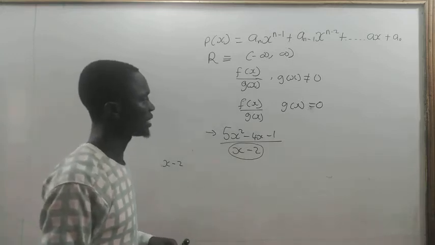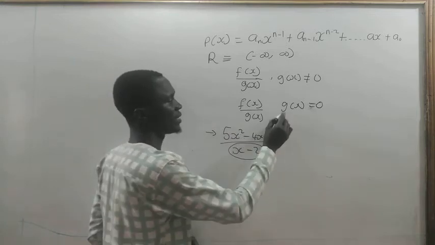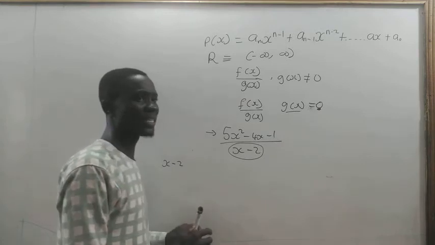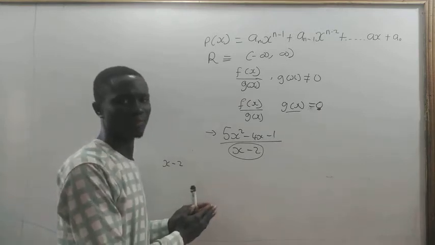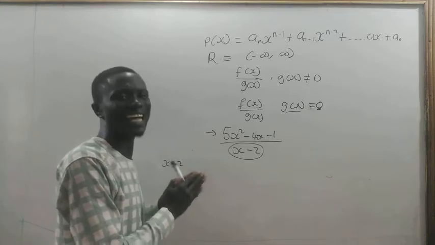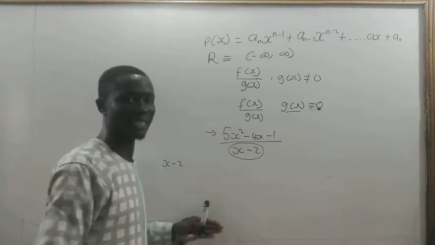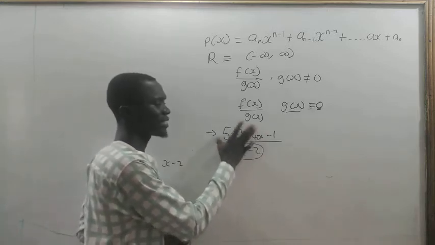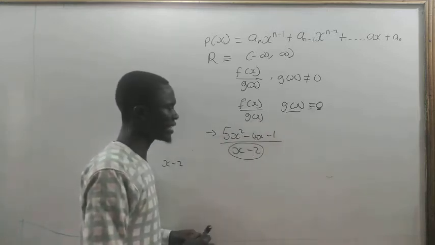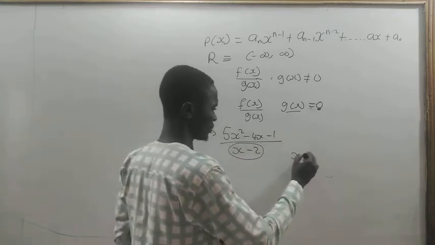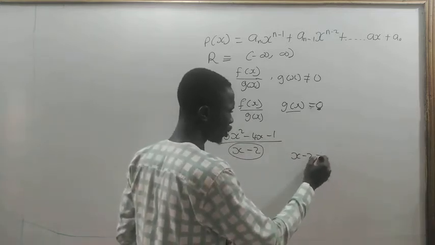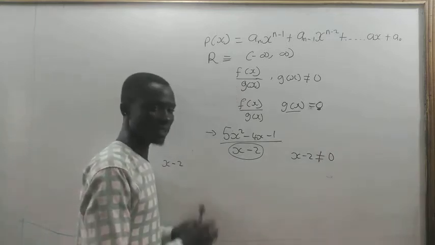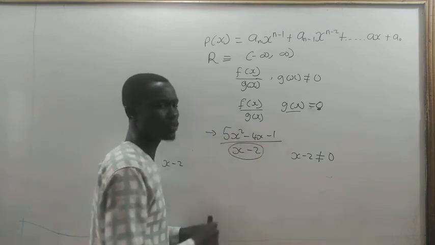So you see that for a rational function, if the denominator is equal to 0, then we are saying it is undefined. And for limit, you say the limit does not exist. That is indeterminate form. So now, for this function to be continuous, the denominator, x minus 2, should not be equal to 0. The entire denominator should not be equal to 0.